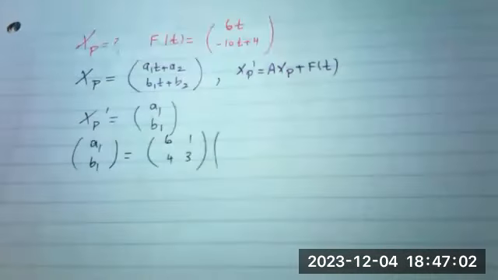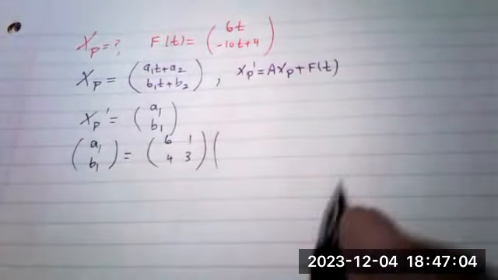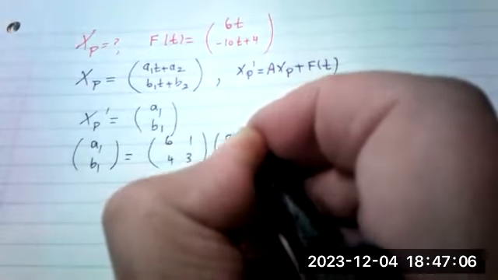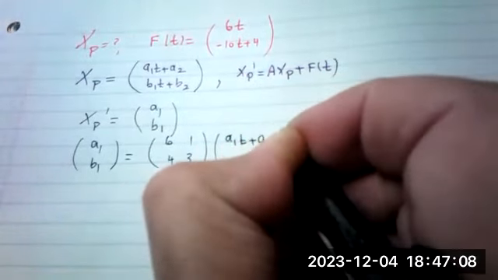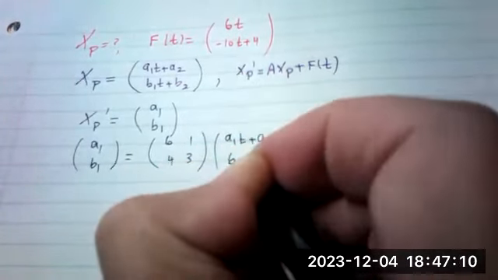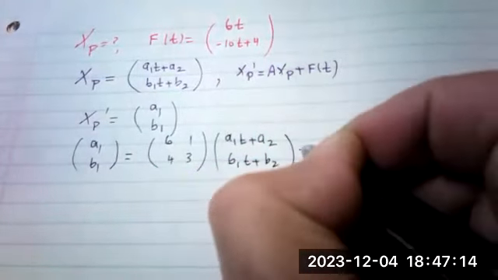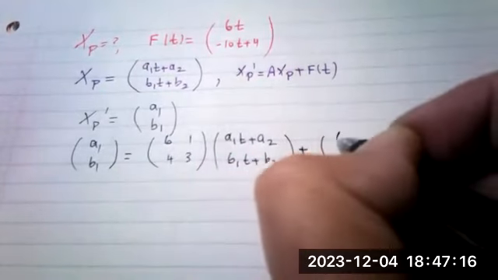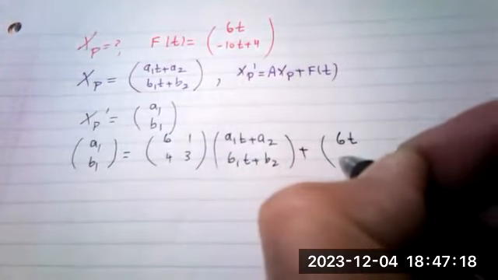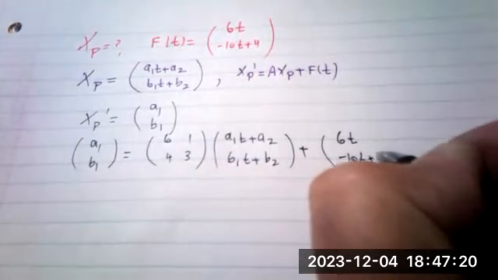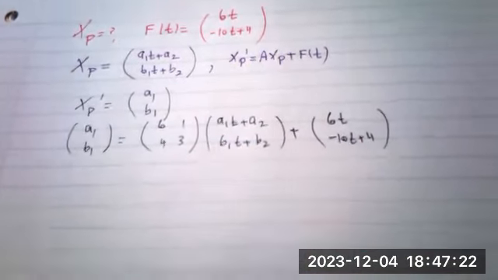Then you have to multiply by XP. So your XP is A1T plus A2, and B1T plus B2. Then the function is 6T over negative 10T plus 4. This is the equation that we have.